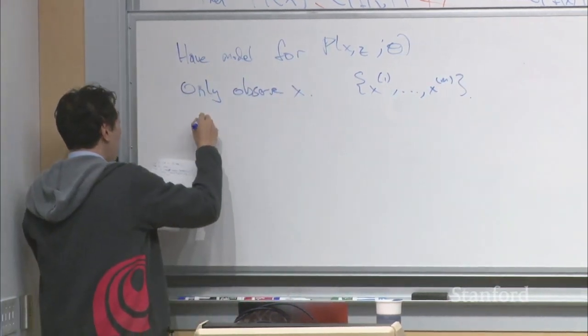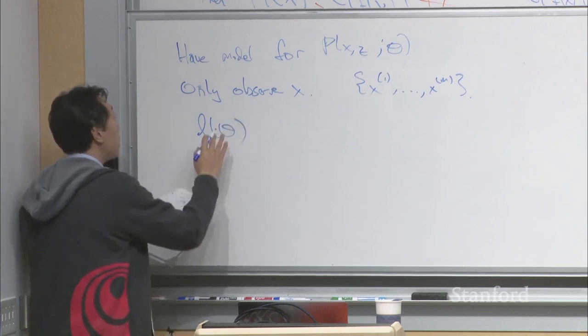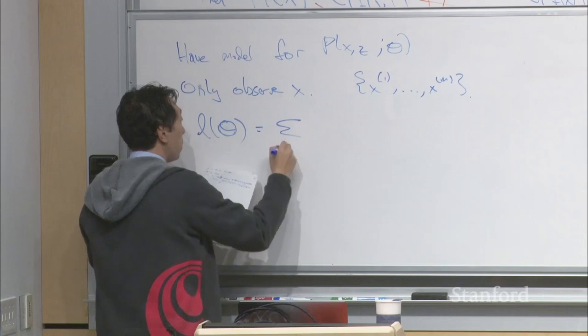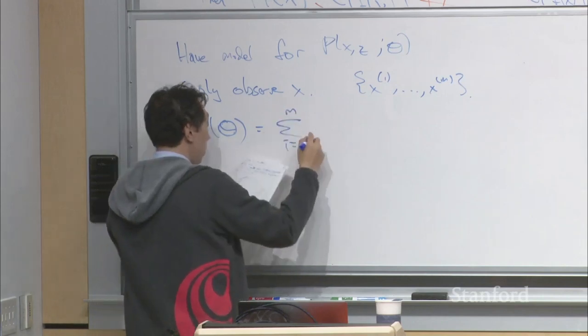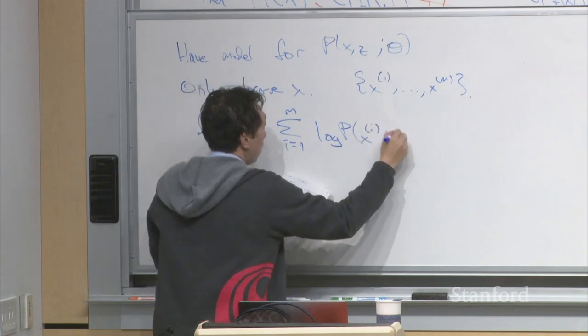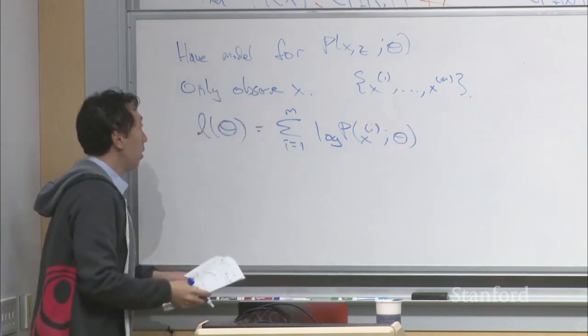So the log likelihood of the parameters theta is equal to the sum over your training examples of log P of x_i parameterized by theta.